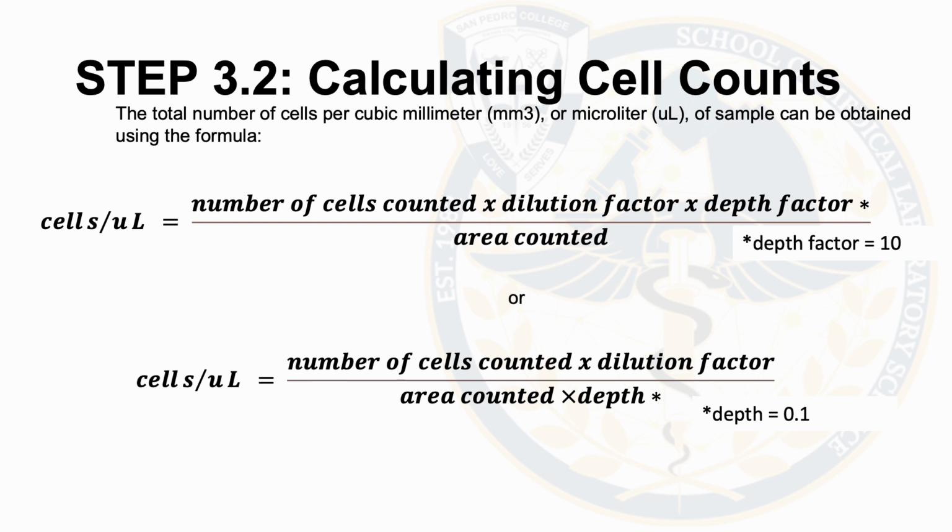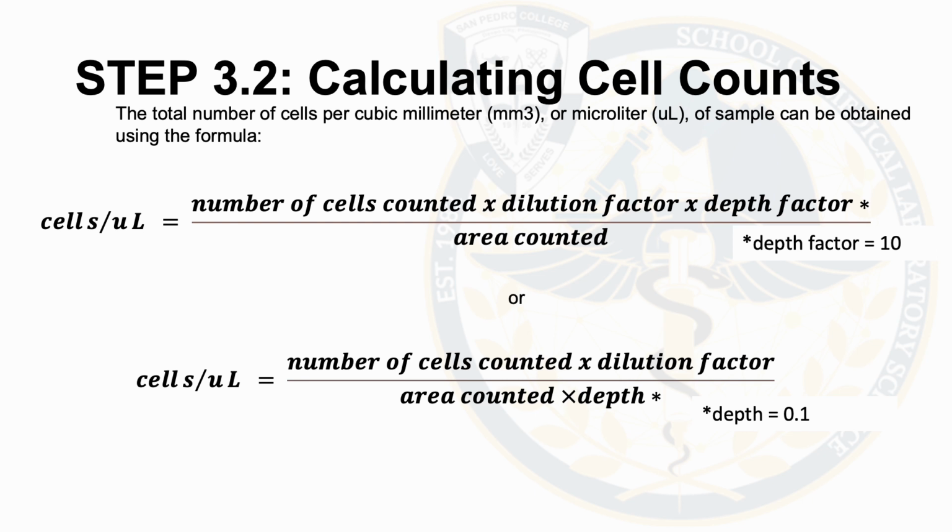Now, let's go to the computation. For the computation, you have to memorize the formula. In calculating for cell count, the total number of cells per cubic millimeter or microliter of sample can be obtained using this formula. The number of cells counted, remember, you have 2 counting chambers, right?